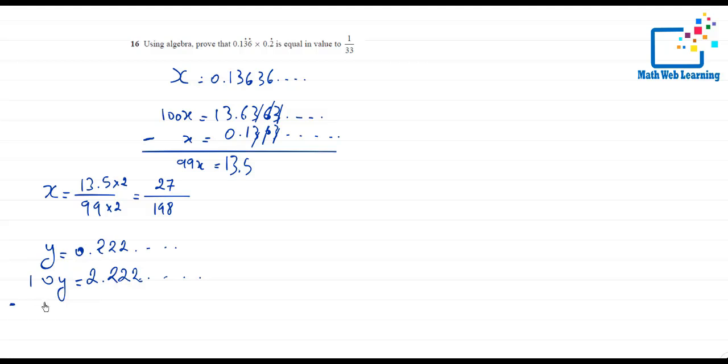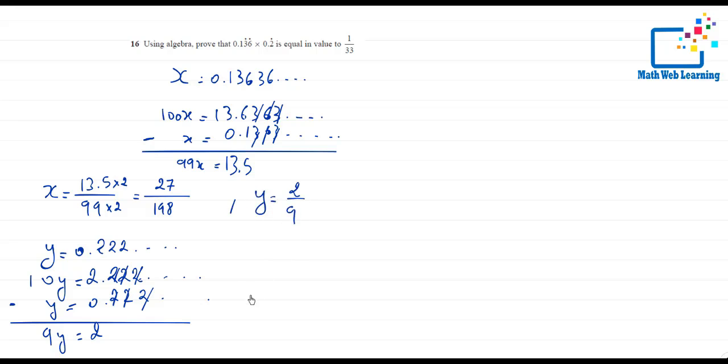So you do minus y, which is 0.222 and so on, and you get 9y equal to just 2, because everything else will cancel out except 2 minus 0. So basically we got the other number, y equals 2 over 9.